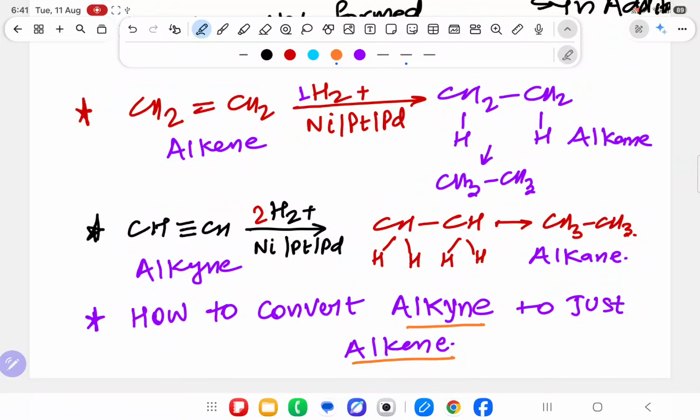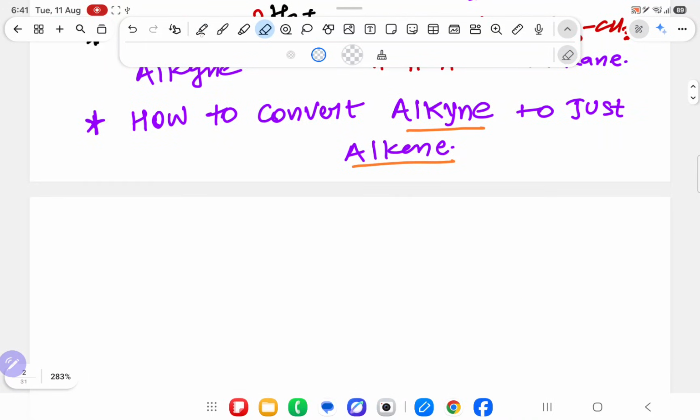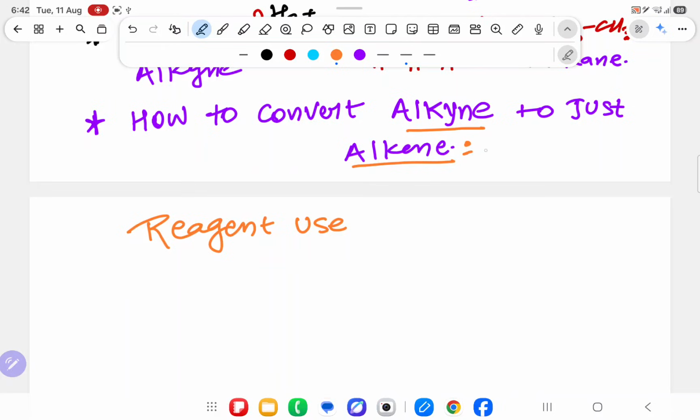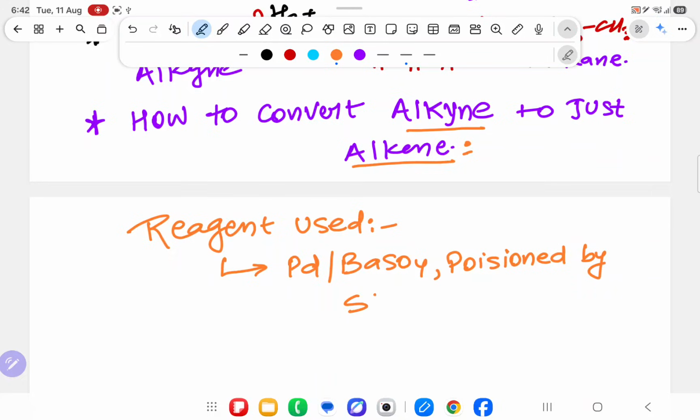What will I do? We have to change the reagent a little bit. What is the change in the reagent? The reagent used for this process is either Pd in the presence of BaSO4, poisoned by sulfur, or poisoned by quinoline.